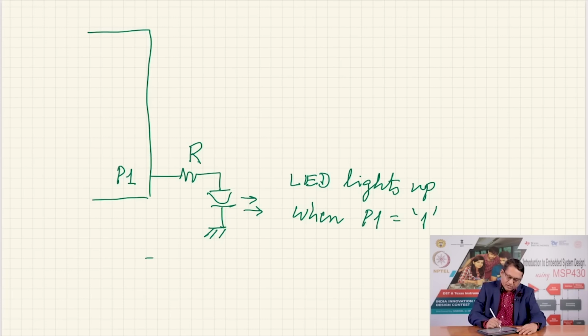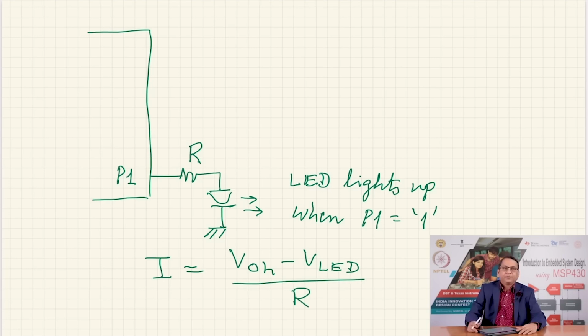The current will be the voltage output at P1, which is called VOH, that is the voltage when the output is high, minus the voltage across the LED, divided by the resistance R. So, if the current that you want to pass through the LED is less than 30 milliampere, you can easily connect this resistor and LED combination to the pin without needing any current amplifiers.